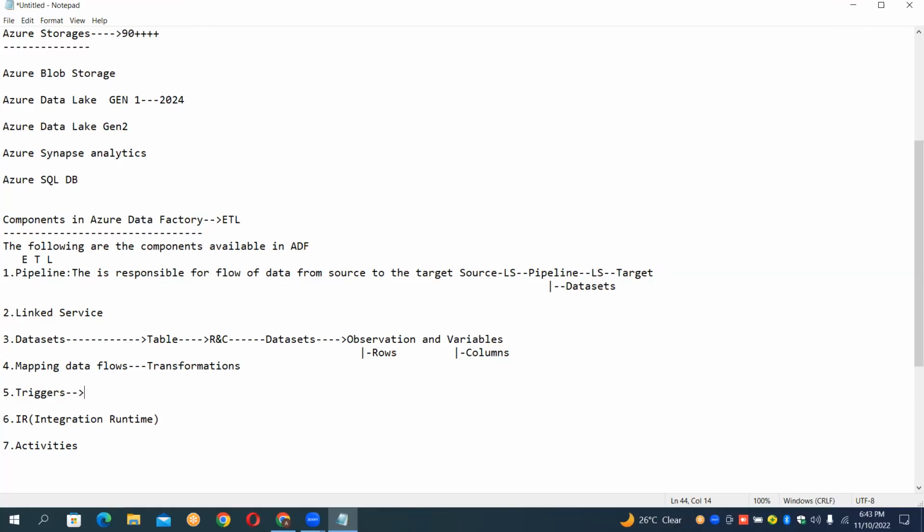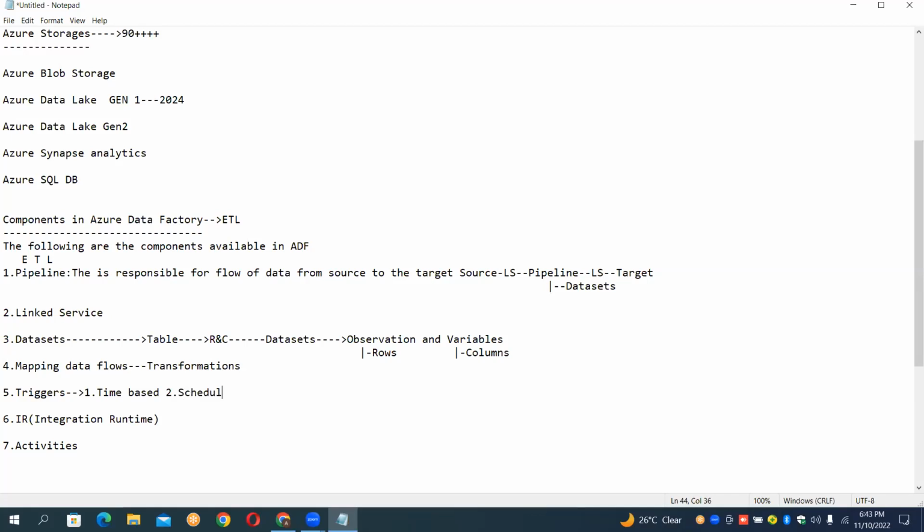And now basically we have three types of triggers. First one is, what is that? Time-based trigger. And the second one is called what?